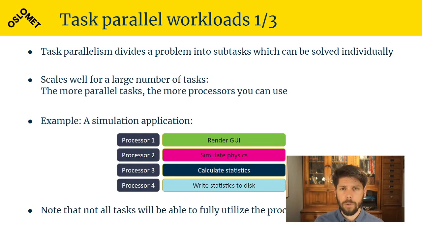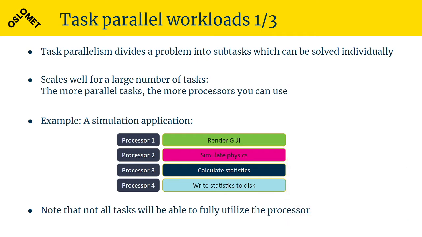Another type of workload is the task parallel workload. And in task parallel workloads, you typically divide a problem into subtasks that need to be solved individually. So here we have one example where we have 4 processors and processor 1 renders a user interface. Processor 2 simulates some physics, processor 3 calculates some statistics, and processor 4 writes some statistics to disk.